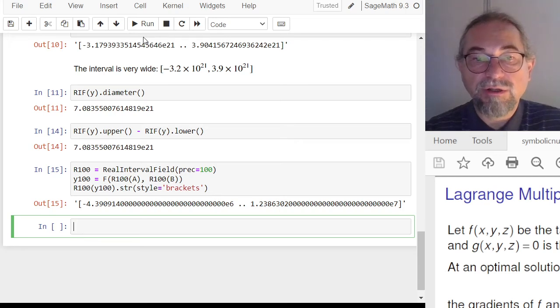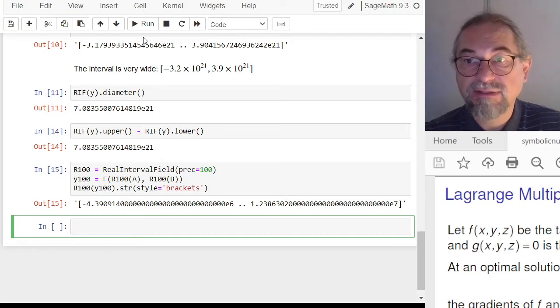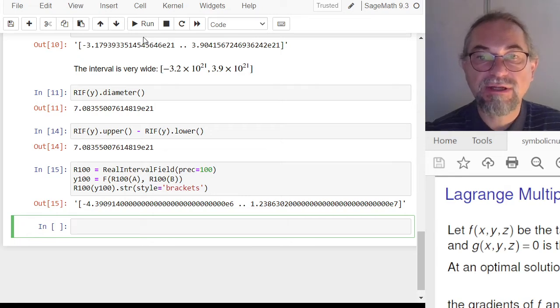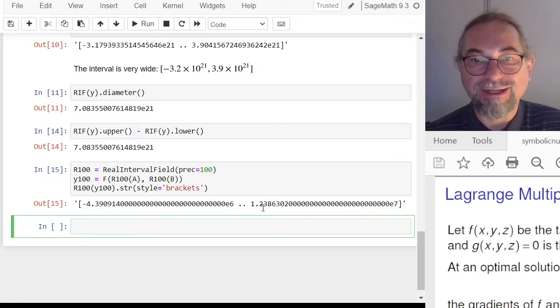You see that with 100 bits, the accuracy is still extremely bad. We have a wide interval between -4 times 10 to the 6 and 10 to the 7. So we have really huge bounds.